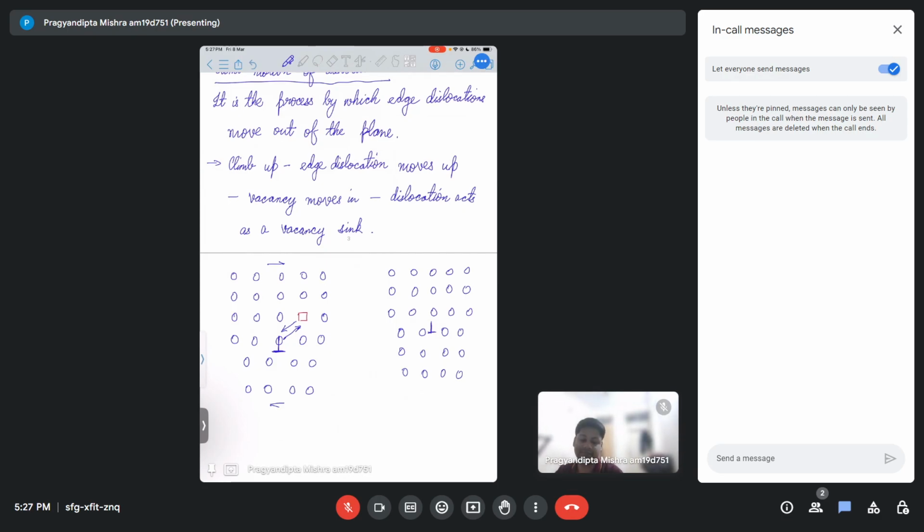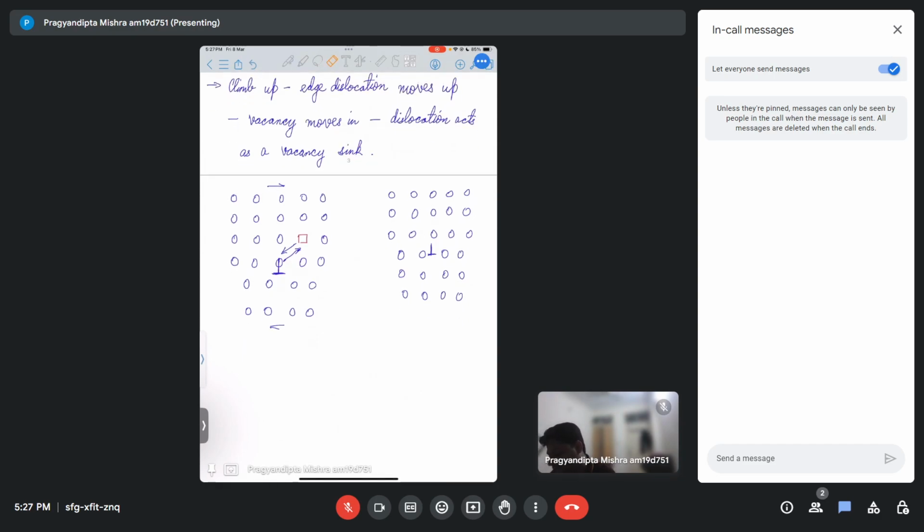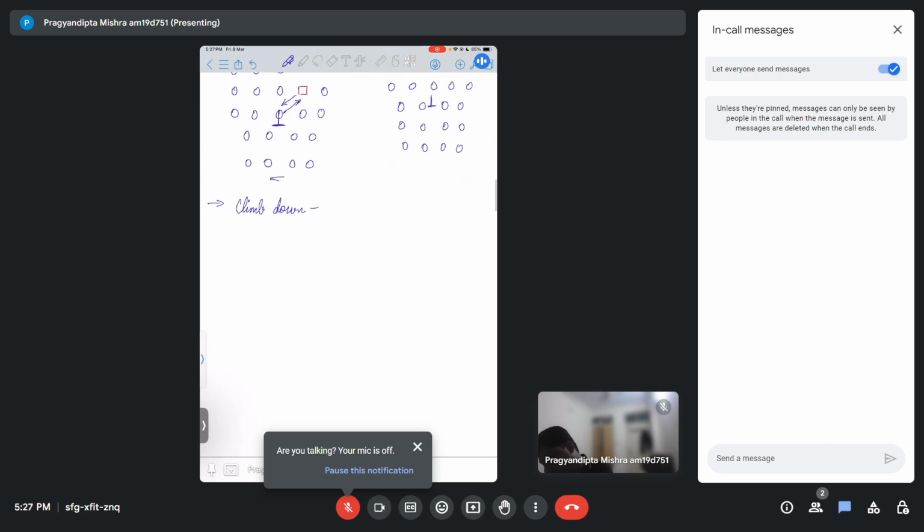I hope it's clear what has happened here. Now there is one more type of climb known as climb down. Now what will happen in climb down? So let's draw that and find out.